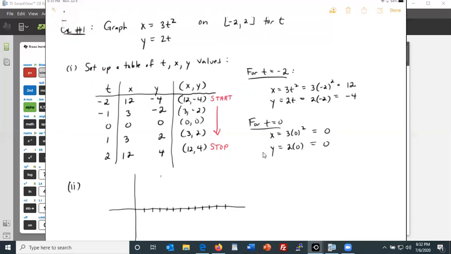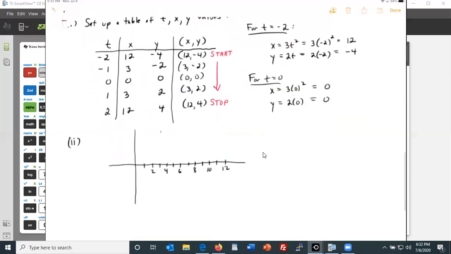So we have 2, 4, 6, 8, 10, 12. You don't have to number every single line there just because there's so many of them. And spacing them out makes it look more organized and neater. All right, and the y-axis is not that big. It only goes up to really 4s and negative 4s.